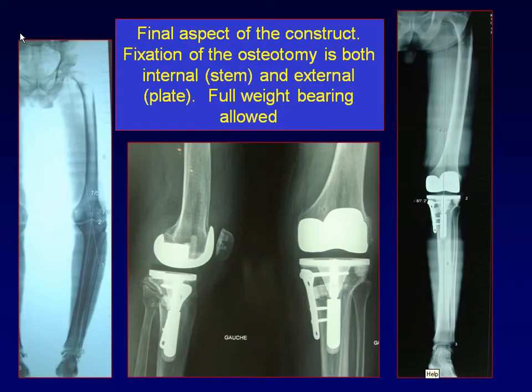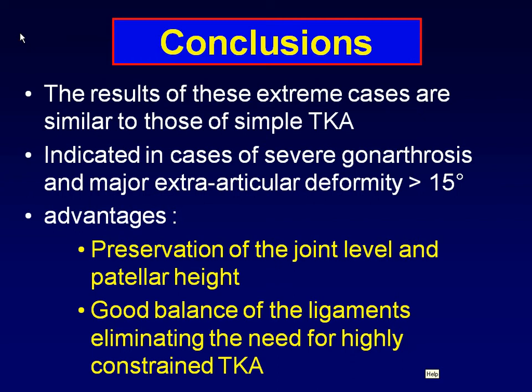This is an example, more than 20 degrees, no release, high tibial osteotomy and knee arthroplasty at the same time, 0 degrees, perfect alignment at the end. So this allows you to perform a knee arthroplasty in large varus deformity with preservation of the patellar height. It is quite impossible to keep the patella at the good level with release, and of course you have no balance of ligaments.